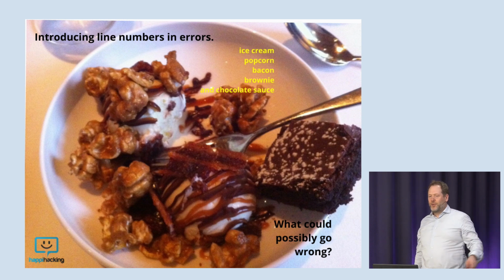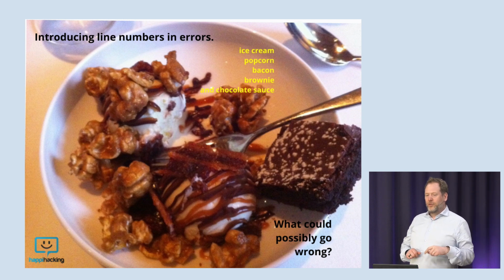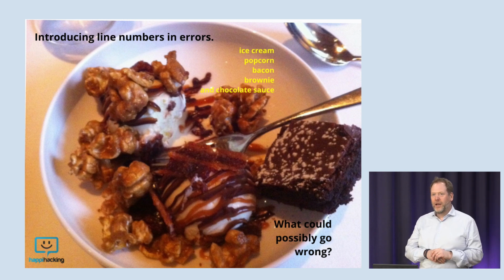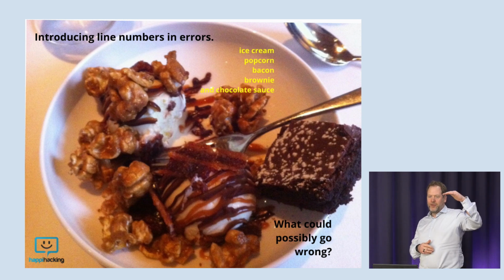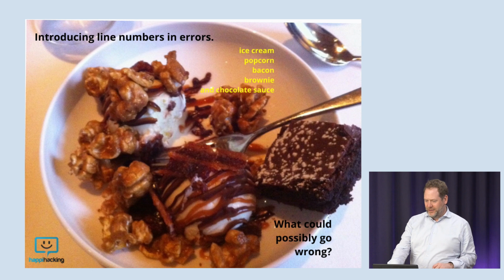So this happened 20,000 times per second in the system, and suddenly it started trying to find the line number for all the stack traces in this call, and that turned out to be not so efficient.